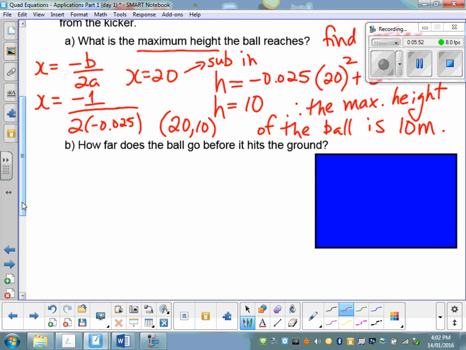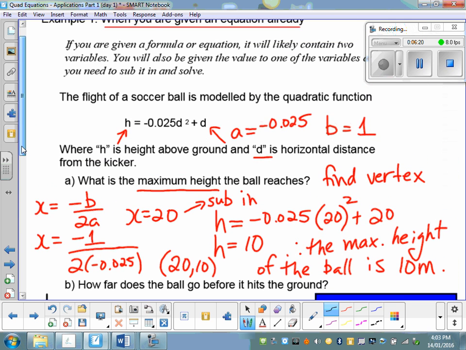Now we're changing things up. We're going to do questions where we're trying to find the roots or the x-intercepts of these equations. So for this one here, how far does the ball go before it hits the ground? I'm just going to draw a picture of what the parabola might look like here. So along the bottom here is the D value, because D represents the horizontal distance.